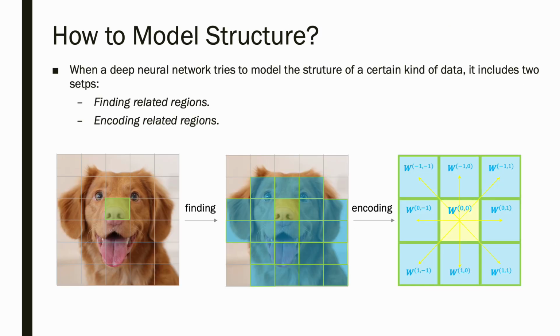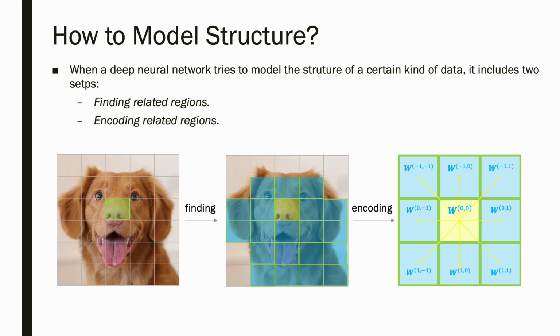First, we think there is a universal rule or law that guides how to model the structure of different kinds of data. When deep neural networks try to model the structure of a certain kind of data, it includes two steps: finding related regions and encoding related regions. For example, when we want to recognize a dog, we first find all the patches that are related to the dog.